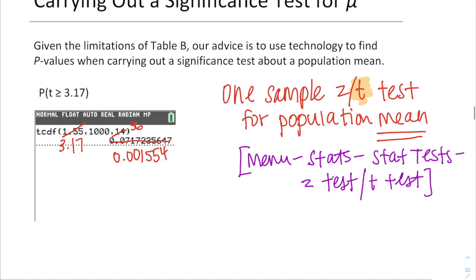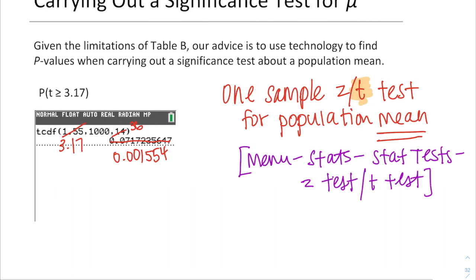So you can use your calculator. When you use your calculator, you have a choice on what test you're using: a one sample Z test and a one sample T test. Z is used whenever you have the population standard deviation, which is hardly ever. T is when you have the sample standard deviation, which is the majority of the time.